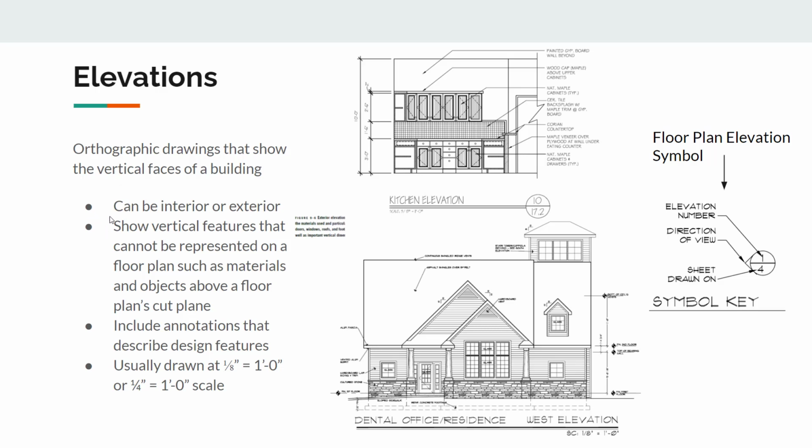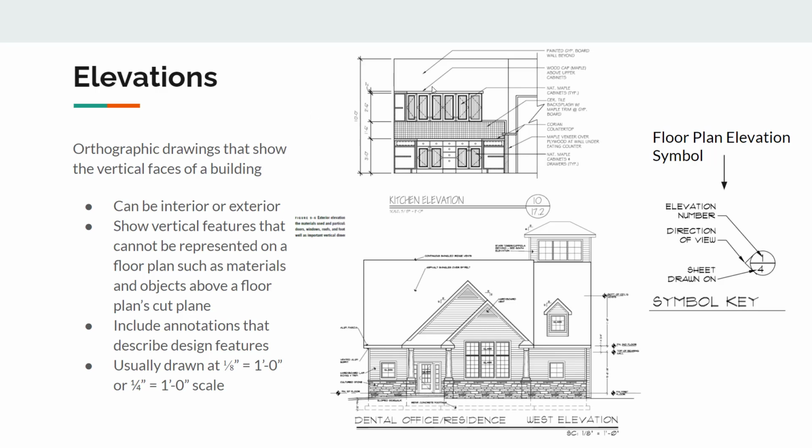So elevation drawings are used to show vertical features that cannot be represented on a floor plan. And these things include materials and objects that are above a floor plan's cut line. So like I said earlier with the floor plan, we have that 4-foot cut line that designates what is going to be shown on the actual floor plan drawing, and anything that is above that cut line is not going to be drawn.